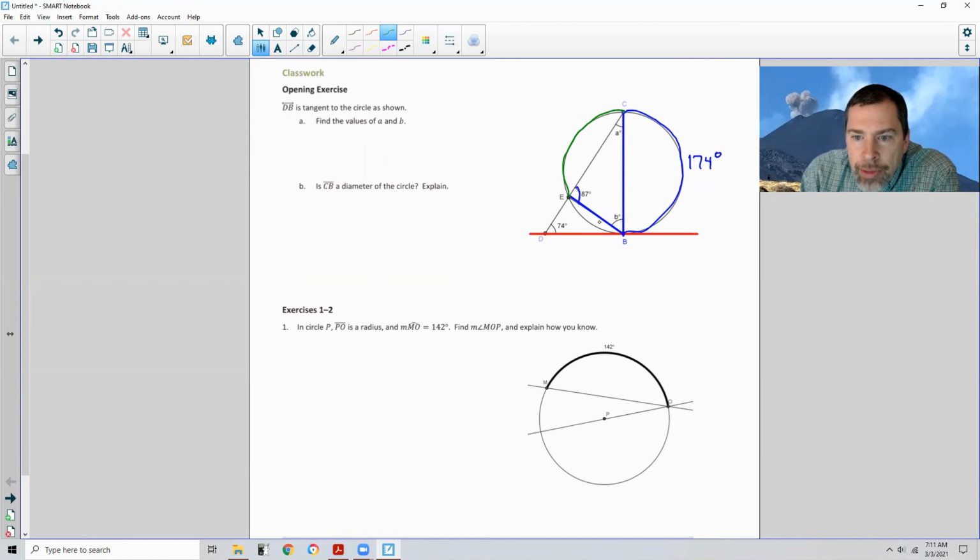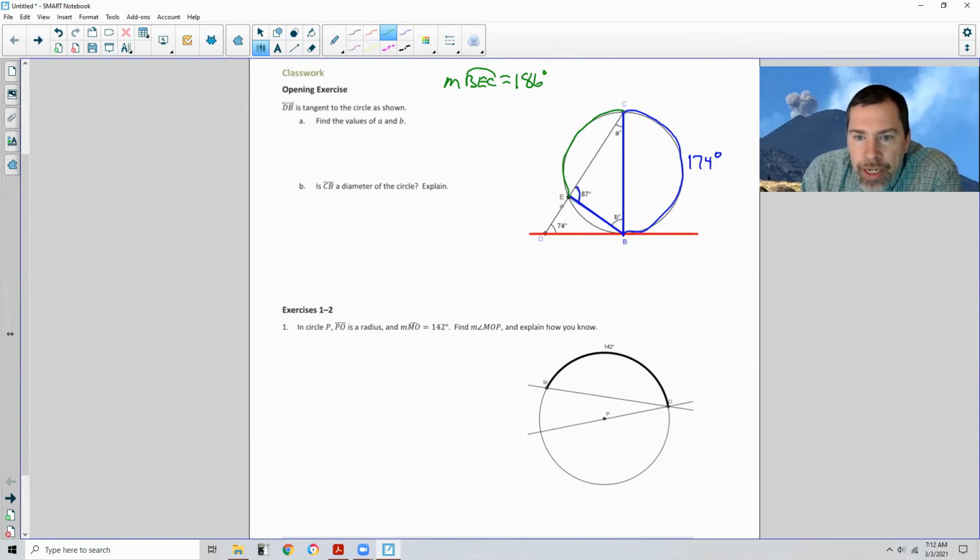Well, CEB is the rest of the circle, which is 6 degrees shy of 180, so the whole thing is 186 degrees. So the measure of arc BEC equals 186 degrees. Okay, so just make a note of that. And that is CE plus EB. So we'll come back to that.